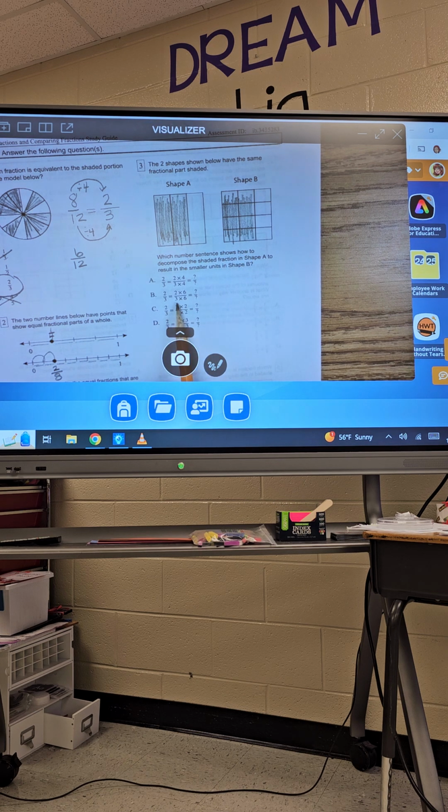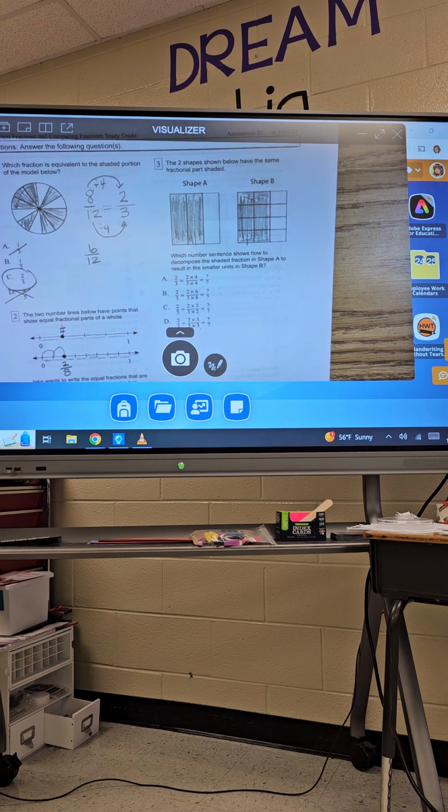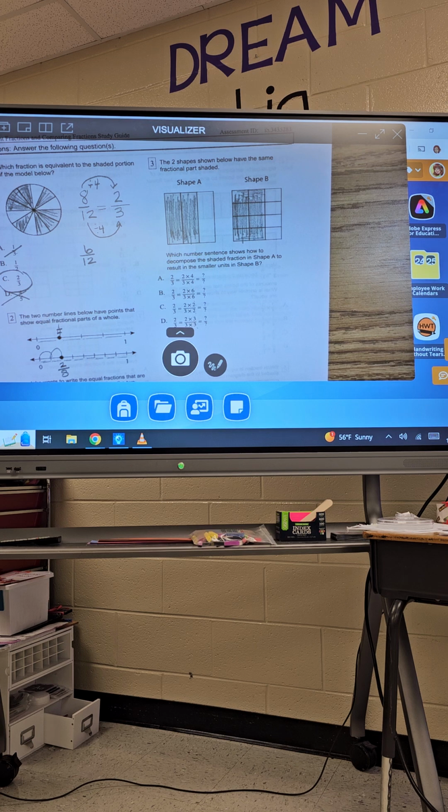So I'm going to look at each one. 6/6, 2/2, and 3/3. I count my shapes again. I have 8. Which whole is going to give me 8/12? Well, let's make sure it's not more than 1.